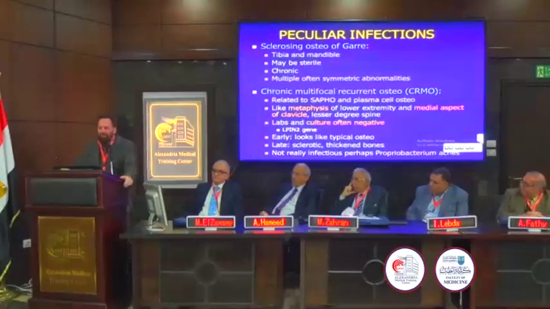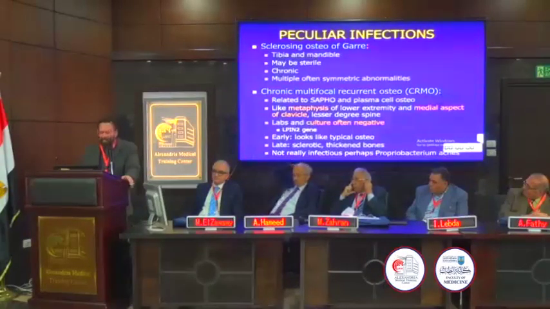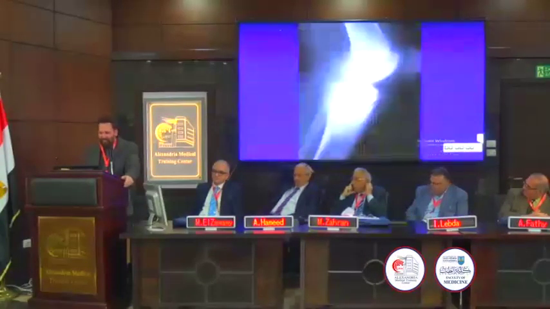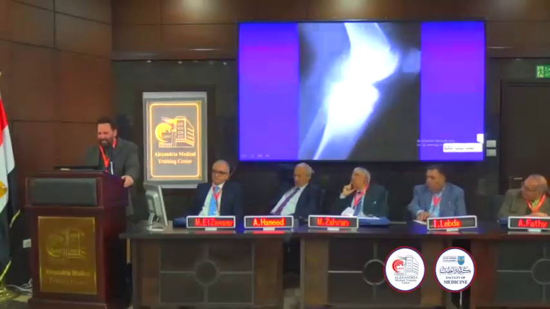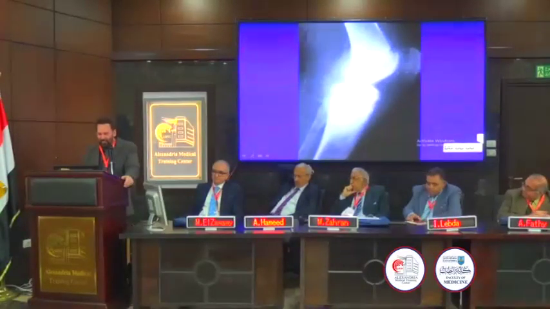Chronic recurrent multifocal osteomyelitis, perhaps not even osteomyelitis, perhaps some plasma cell disorder with reactive changes, seen in the metaphysis and the clavicle. An example of it here in the metaphysis, CRMO.